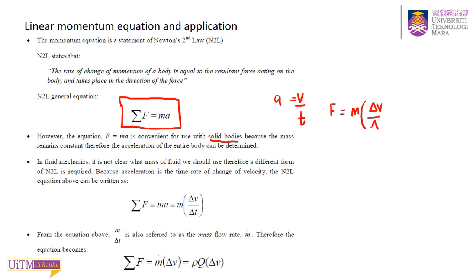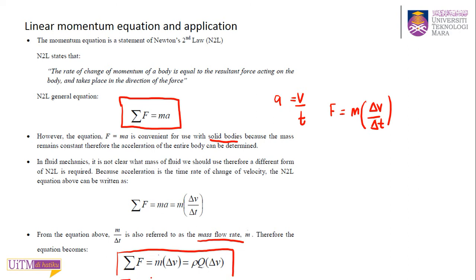And we know that in the continuity equation we learned mass over time is what we call the mass flow rate, m dot. So this can change to m dot. So finally this equation will become something like this. This is your final equation of the linear momentum equation.